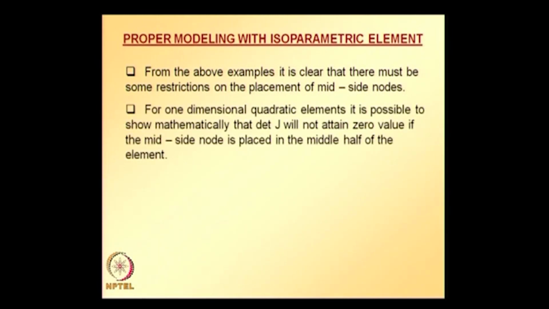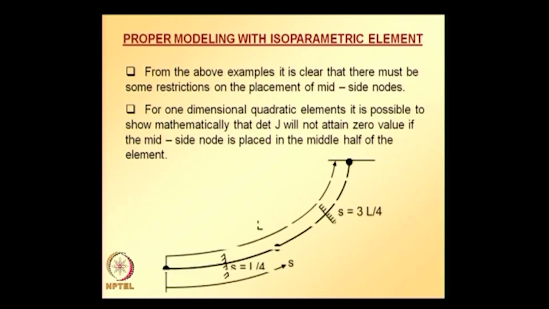For one dimensional quadratic elements it is possible to show mathematically that the determinant of J will not attain 0 if the mid-side node is placed in the middle half of the element. That is what we basically did when we looked at the one dimensional quadratic element, and the result that we got for the one dimensional case is reproduced here.